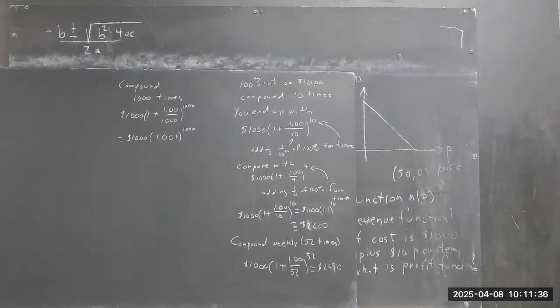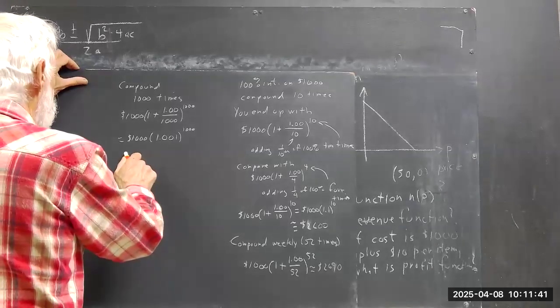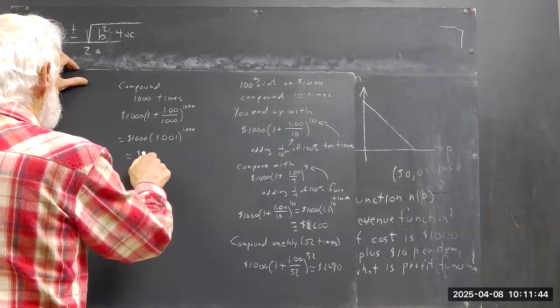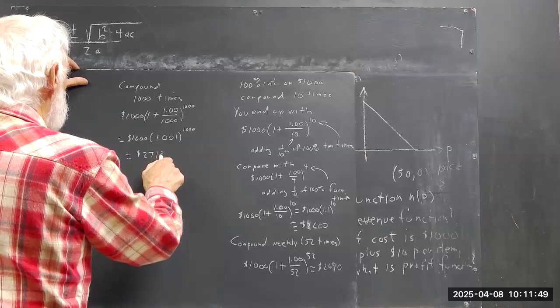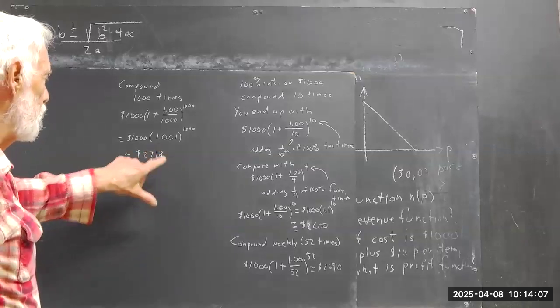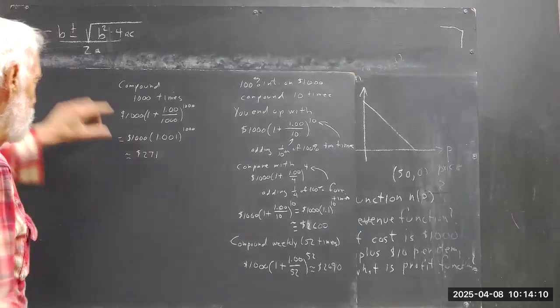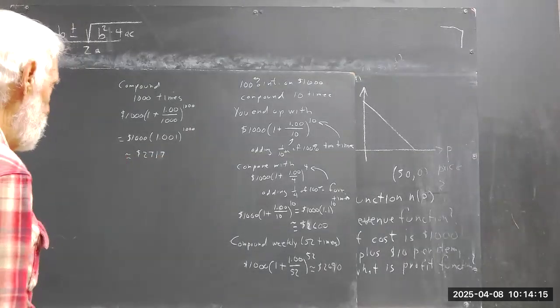What do you get? No, I'm pretty sure we're pretty close to $2,718. Okay, well, I was off a little bit on this. It's 2770.